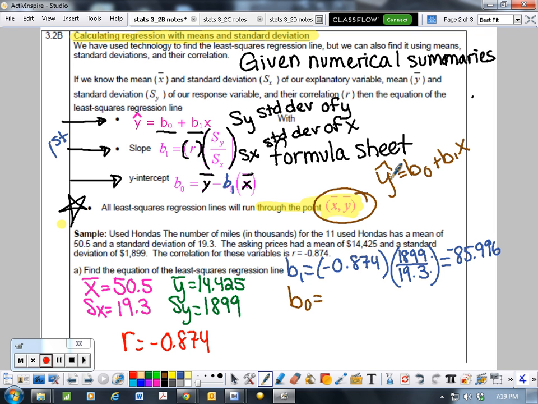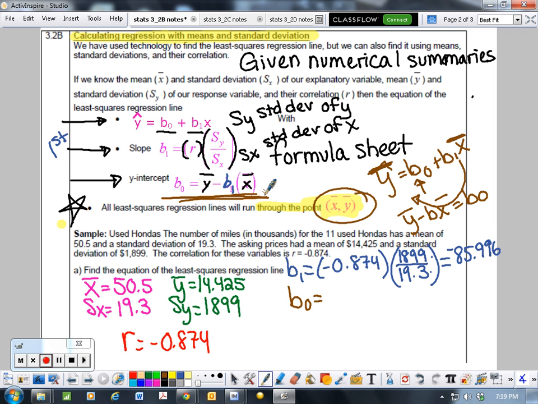And instead of x and y, I have the means, because I know those can be in there. Then I can move this to the other side, and that is our formula for calculating that intercept value.